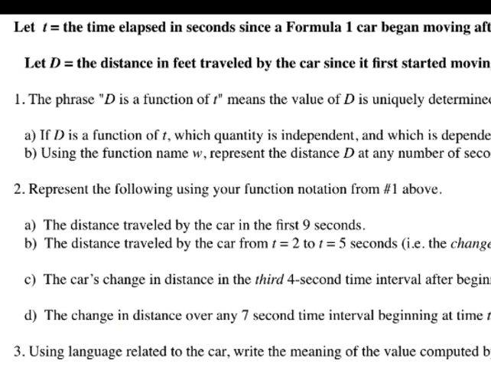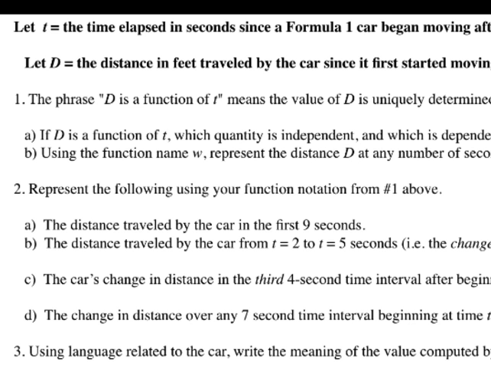Good. Okay, so tell me how to represent in 2C the car's change in distance in the third 4-second time interval after beginning to move. How would you represent that variation in time using what we defined?